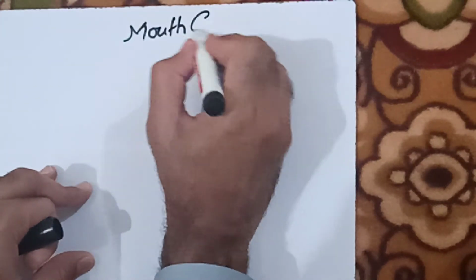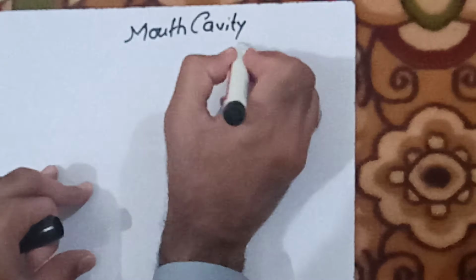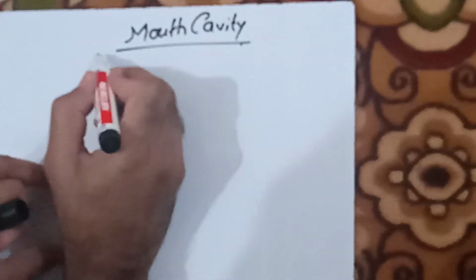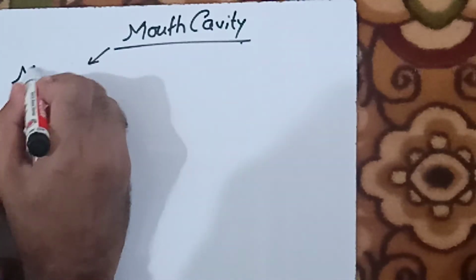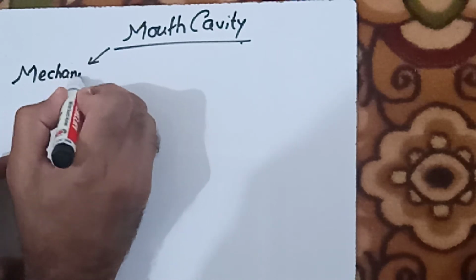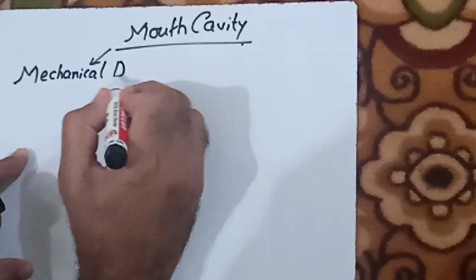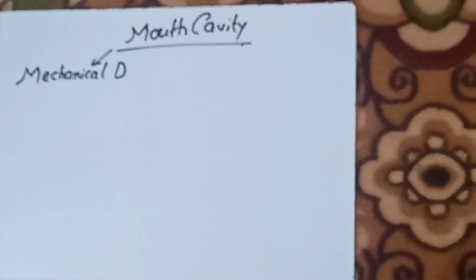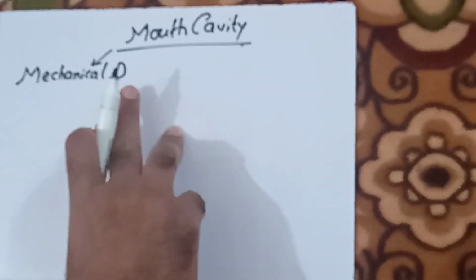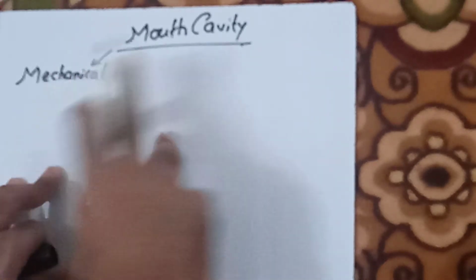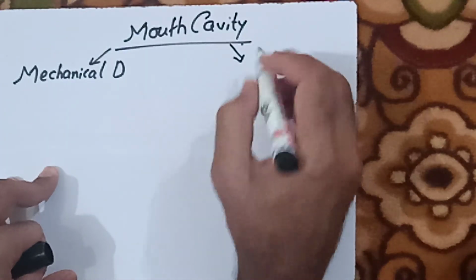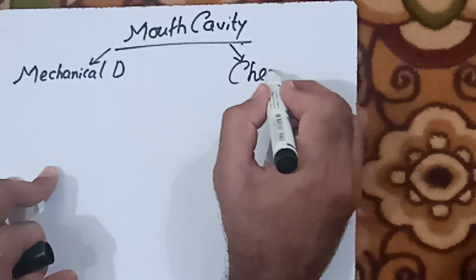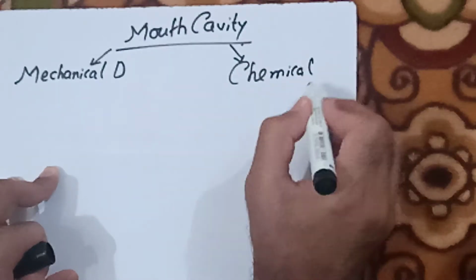I am representing the digestion with this capital D. This capital D represents the digestion. So mechanical digestion as well as chemical digestion takes place inside the mouth cavity.